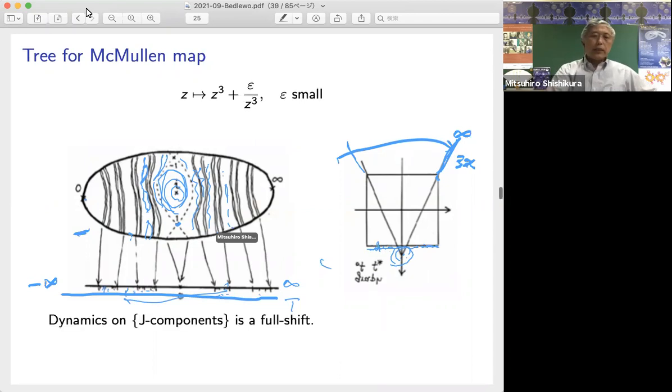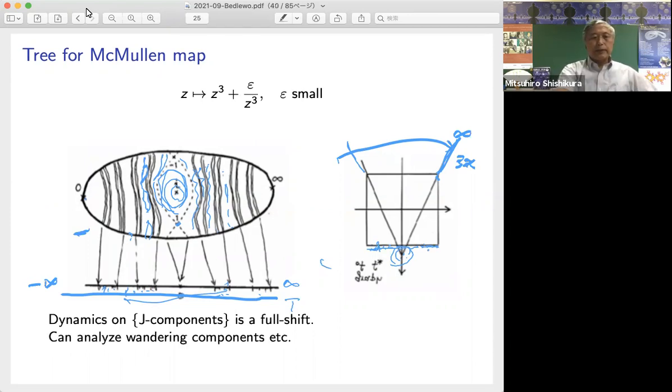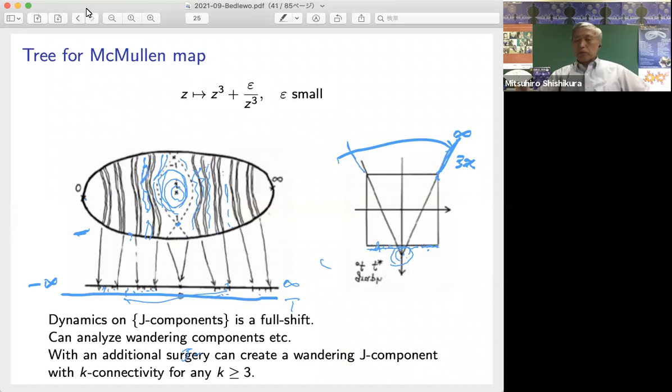So essentially, the dynamics on the Julia component is described by this non-escaping set in this tent map picture. Okay, and in this case, it's a full shift. So you can analyze how they are wandering, say, Julia components, etc. And you can say more starting from this picture or going back here.